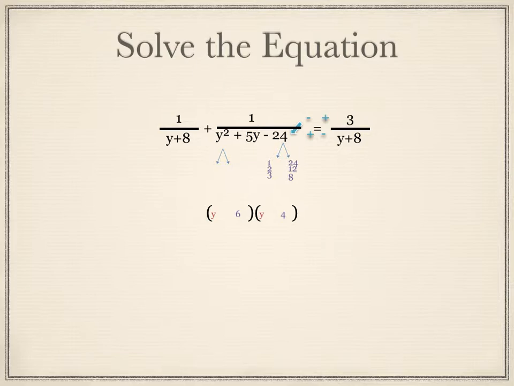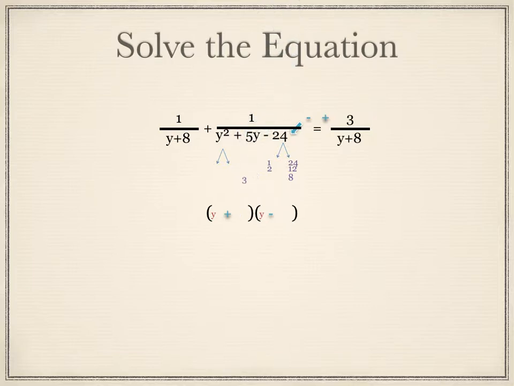We can either have a negative positive or a positive negative, because our sign is negative. So then we have y plus 6 and y minus 4. So we get negative 4y plus 6y, which is equal to 2y, which is not what we're looking for.